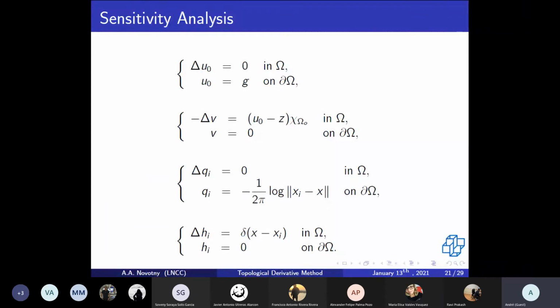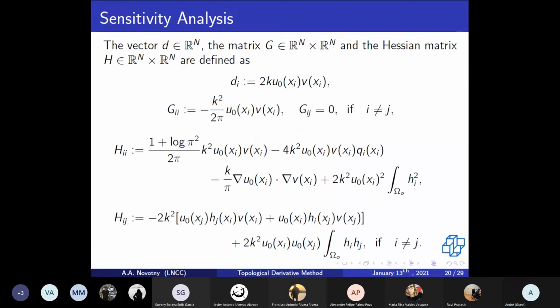And the adjoint state is a solution to this PDE. And then we have this quantity J, this matrix, which is given by this one. This quantity is completely defined by the direct and adjoint states.